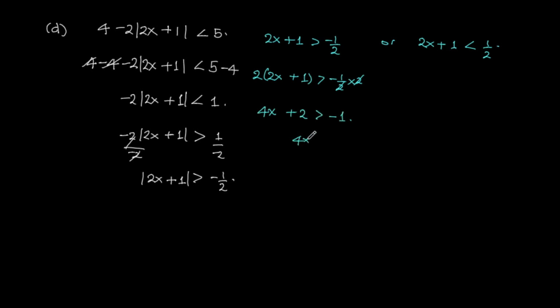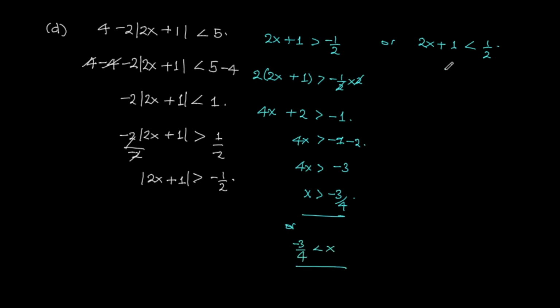Also collecting like terms, we have negative 1 minus 2. So 4x is greater than negative 3. Dividing both sides by 4, we have negative 3 over 4. Or we can rewrite it as negative 3 over 4 is less than x.